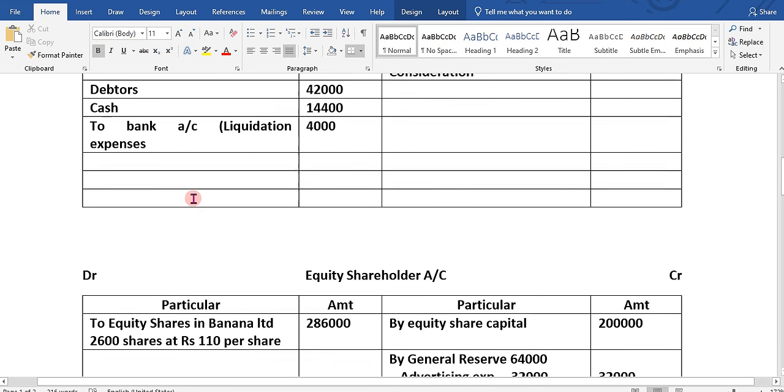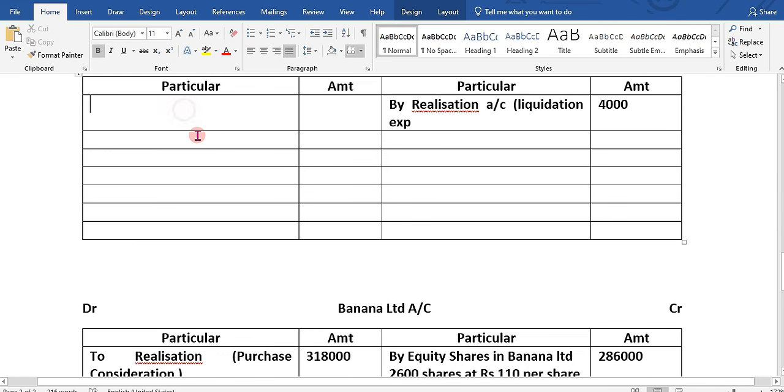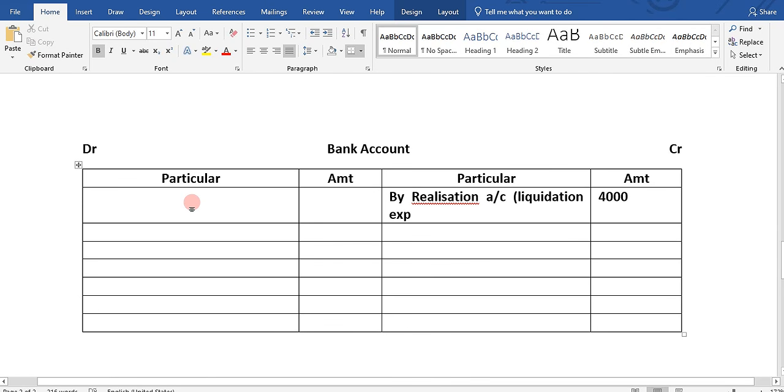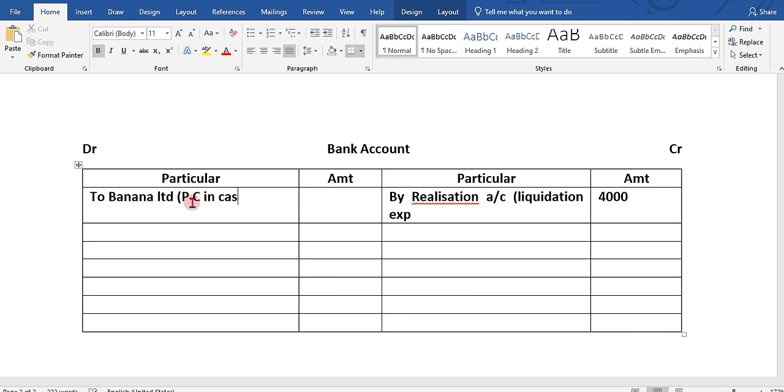So this entry we will do in the bank account, debit side, to Banana Limited, that is PC in cash, 32,000. The first effect of this amount of 32,000 which is the balance in cash we note down in the bank account.